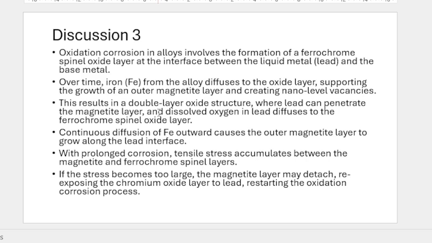Continuous diffusion of iron outward causes the outer magnetite layer to grow along the lead interface. With prolonged corrosion, tensile stress accumulates between the magnetite and iron chromium spinel layers. If the stress becomes too large, the magnetite layer may detach or eliminate, re-exposing the chromium oxide layer to the lead, restarting the oxidation corrosion process.